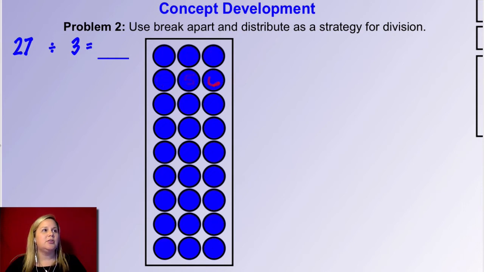So what I want to do is draw a box around the part of the array that shows a total of 15. So I want you to count through. So this would be 1, 2, 3, 4, 5, 6, 7, 8, 9, 10, 11, 12, 13, 14, 15.